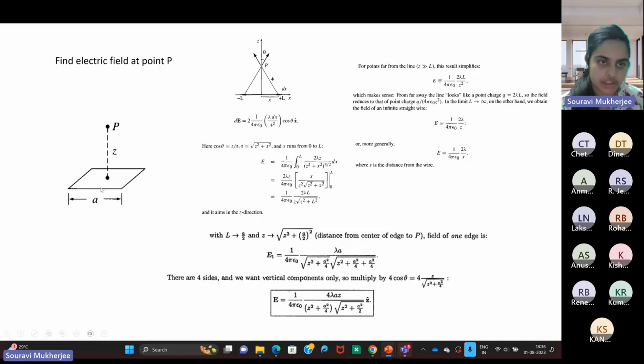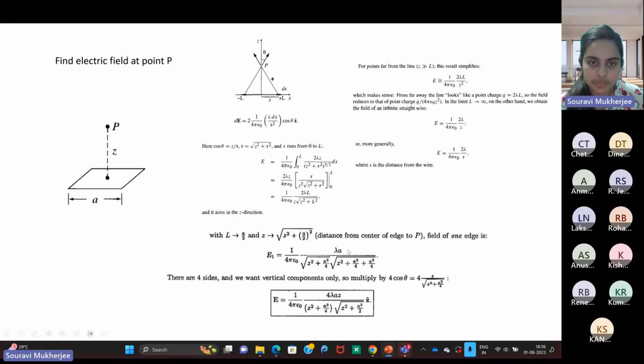So you also have a third component, right? This a by 2 thing, because it's in the xy plane. Here it was just in the xz plane, right? Here it's x, y, and z. So when you find the net distance, it will also have this a by 2 component, right? Because of that, z becomes root over z square plus a by 2 whole square.